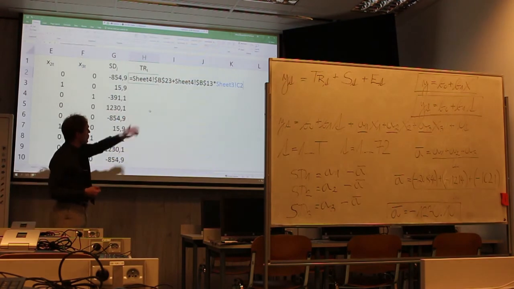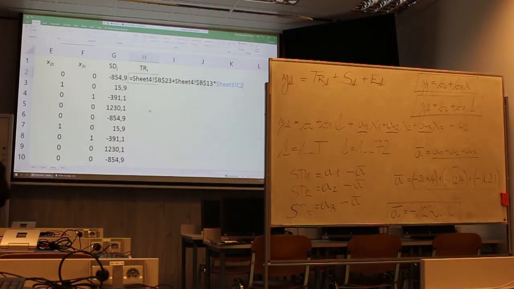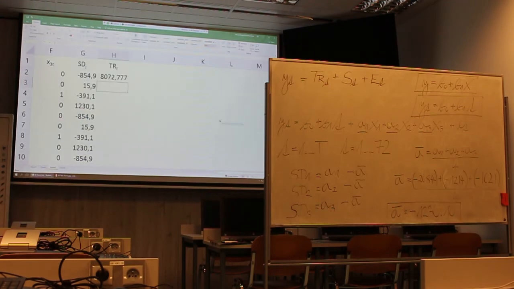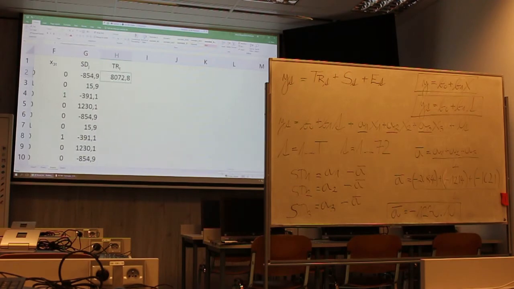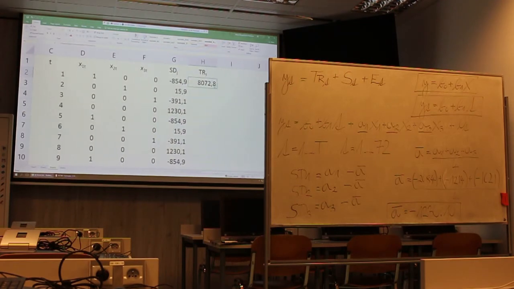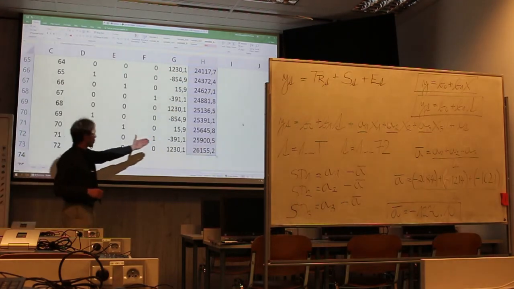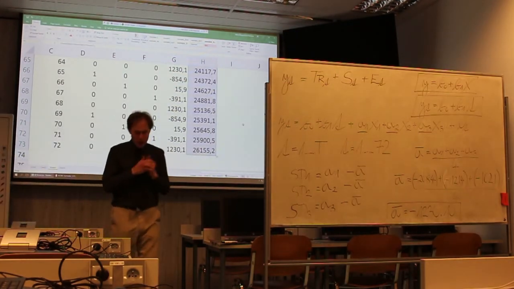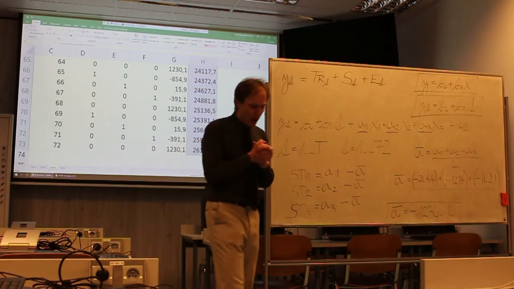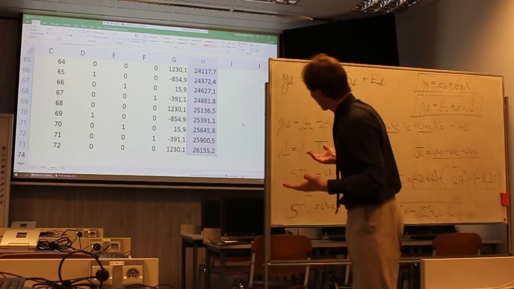This is without dollars, not fixed. Enter, and there is the fitted trend. I will copy these formulas to the end. And now we will verify if everything is alright.